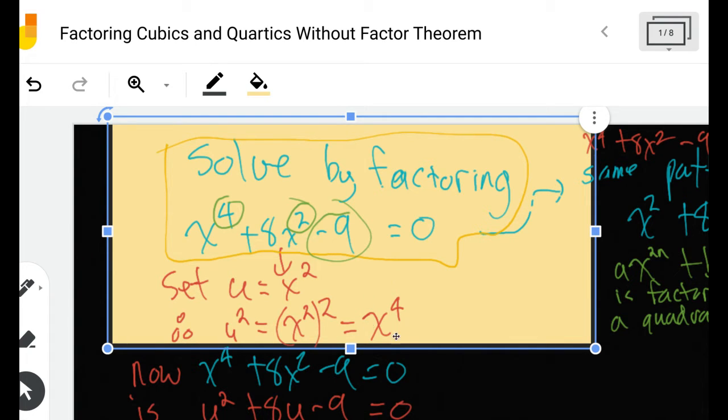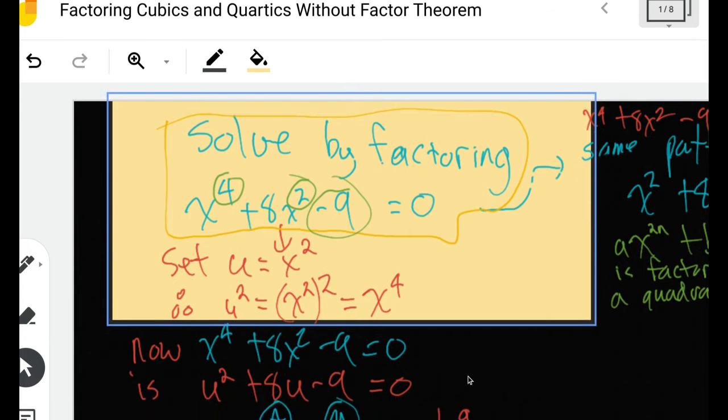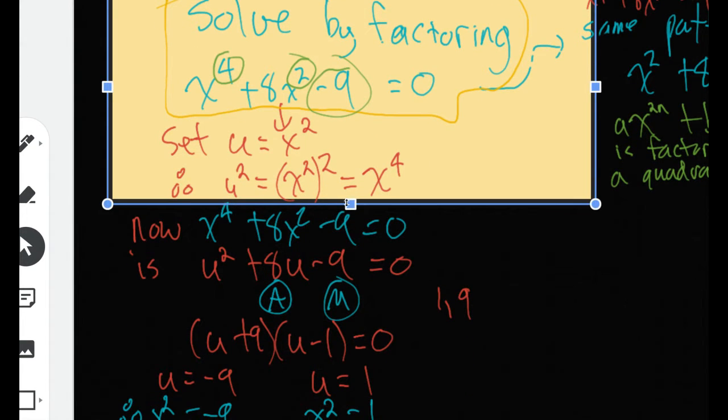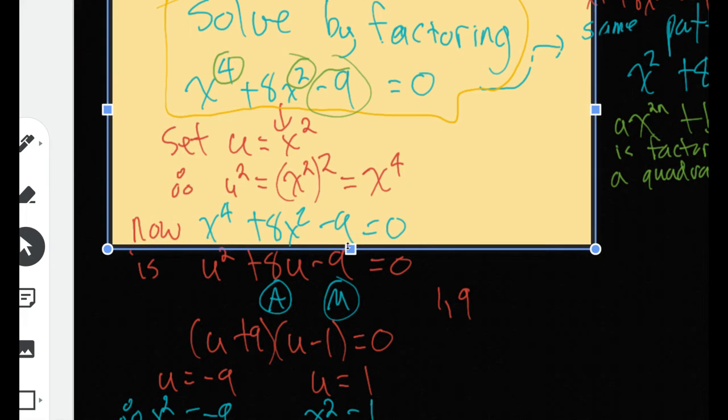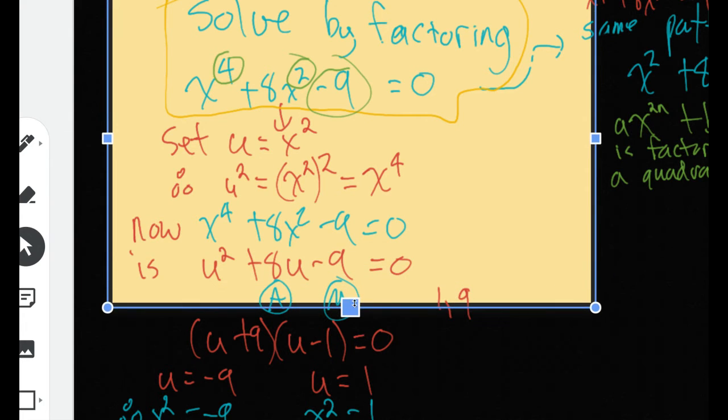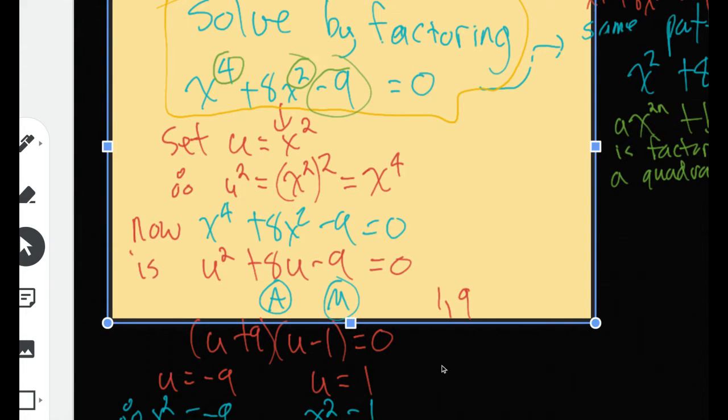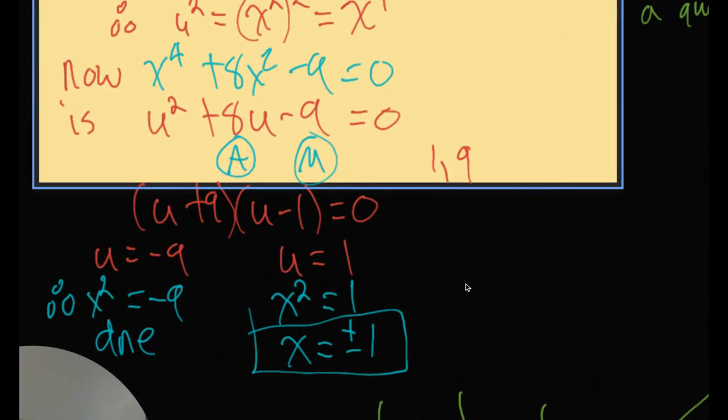So now I can replace x to the fourth with u squared, and I'm going to replace x squared with u. And now I just treat it as a quadratic.